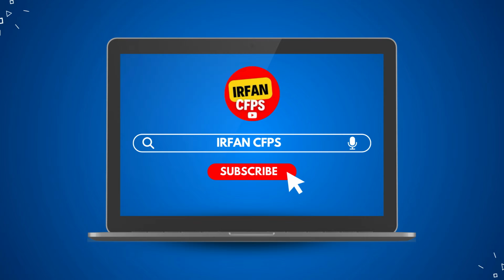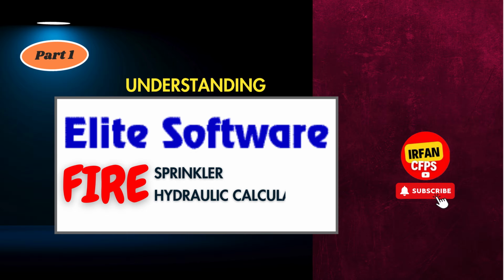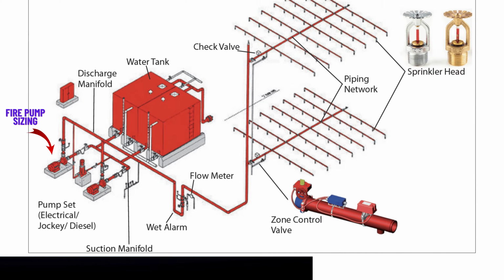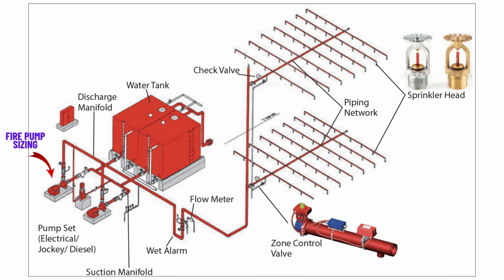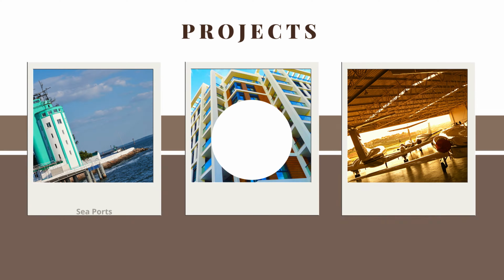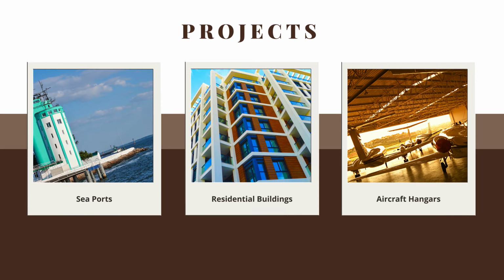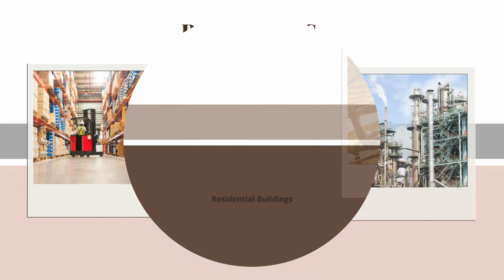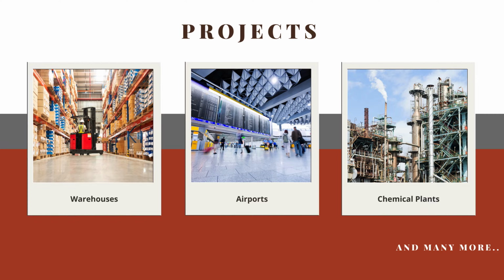Today we are diving into the elitefire hydraulic calculation software. This tool is essential for selecting fire pumps in various projects from power plants, banks and commercial buildings to seaports, residential buildings, aircraft hangars, warehouses, airports and chemical plants.